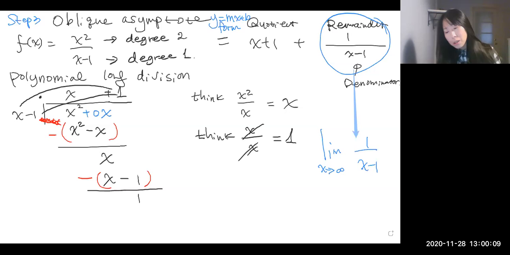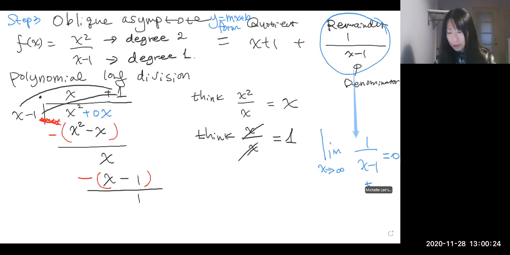When x approaches positive infinity, then this one approaches 0, right?